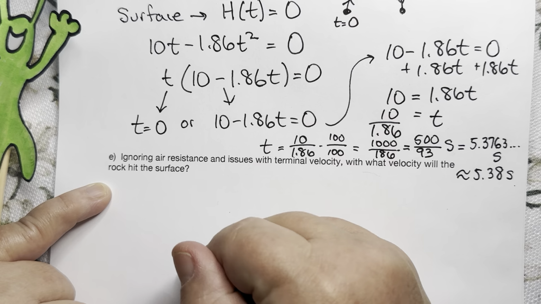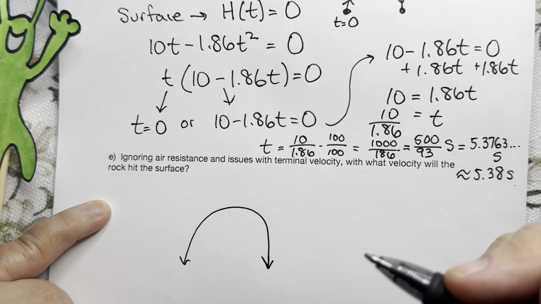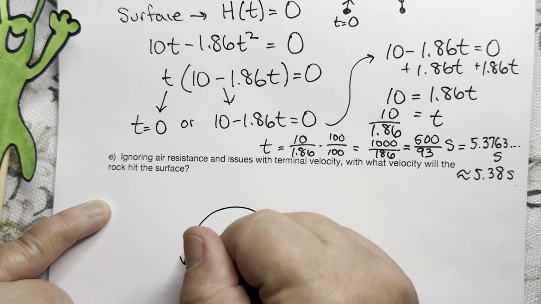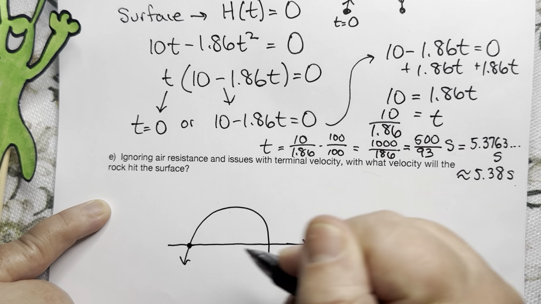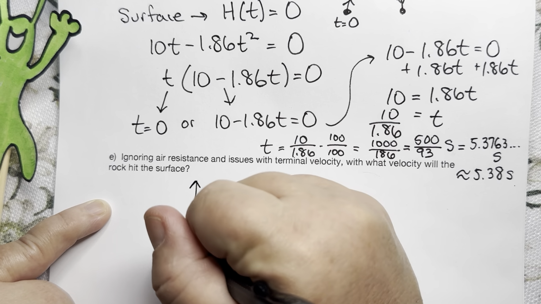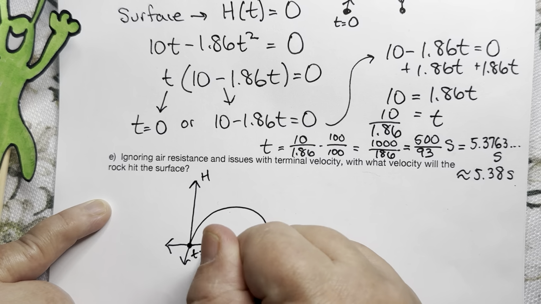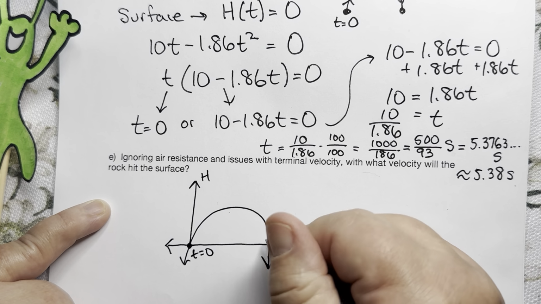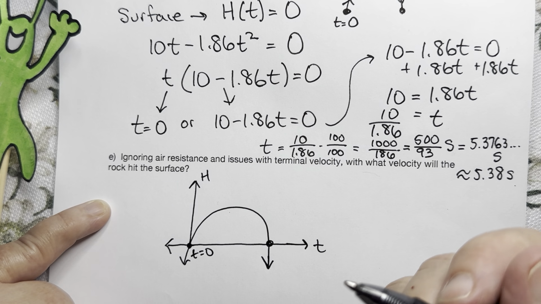Here's the thing. We're expecting that if we're starting here, here's T, here's H, this is T equals 0. I know I draw such a beautifully symmetric parabola.